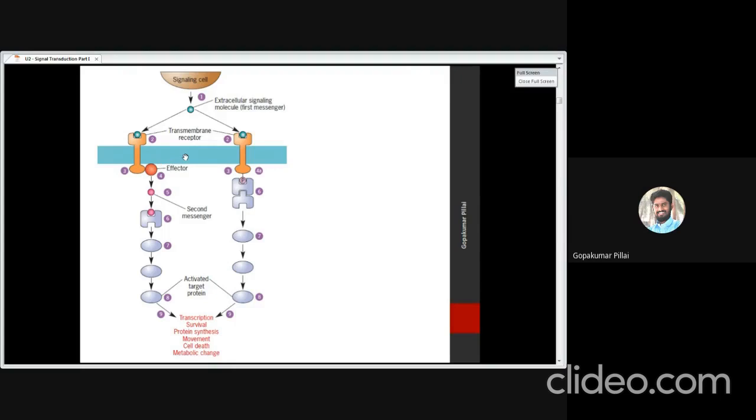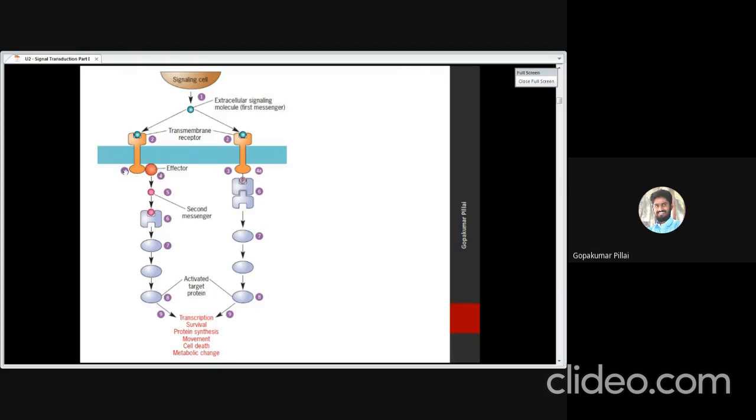Now this enzyme is very important. It is capable of working on a substrate to generate something called a second messenger. This effector, which is an enzyme, is responsible for working on a substrate and converting it into a molecule called a second messenger. Here the substrate is not shown.